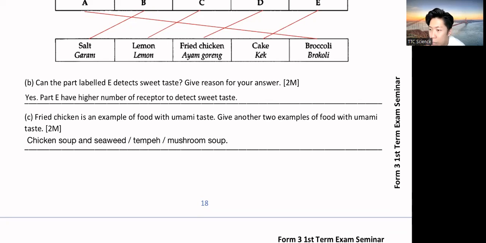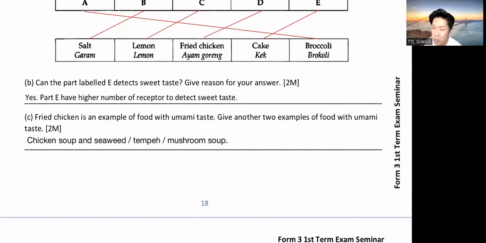But is cheese umami? I might be wrong, I'm not sure. Let me look for it. Oh, cheese it is, according to Google.